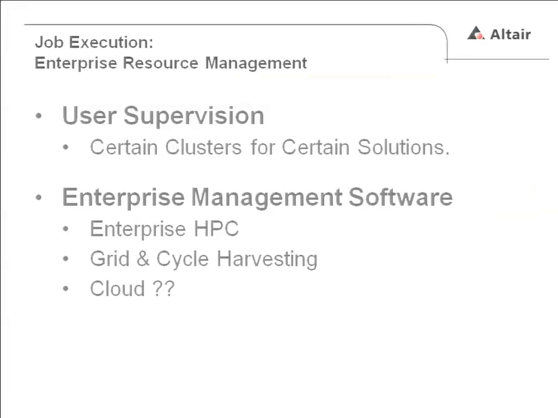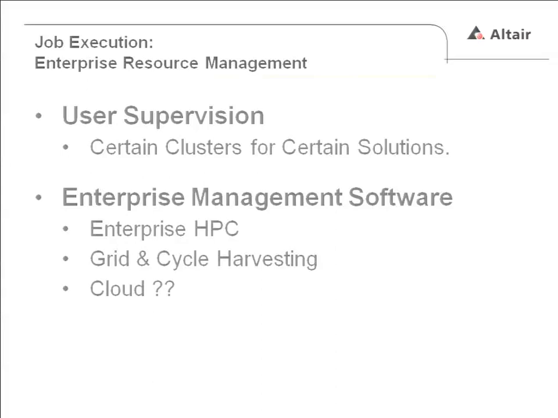Then on a different level, once the job is running, or deciding where the job runs, we can talk about resource management. At the user supervision level, most companies today have some type of software that controls what their HPC units are doing.